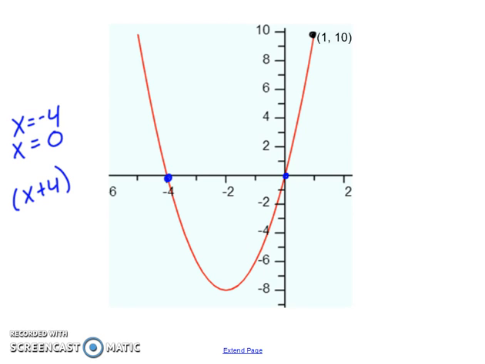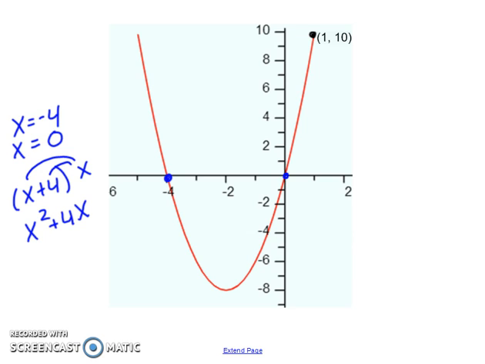If you have an answer of x equals 0, what factor is going to give you that? That's actually just going to be x. If you said x equal to 0, you get 0. So we're going to distribute this. X squared plus 4x. So that's what we have right now.